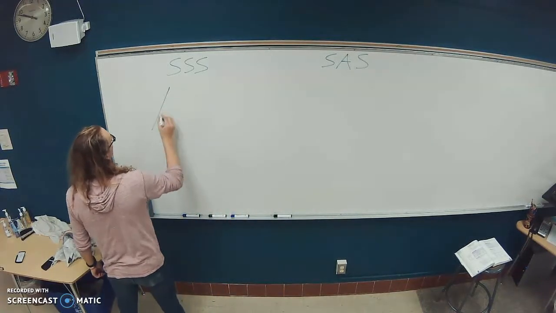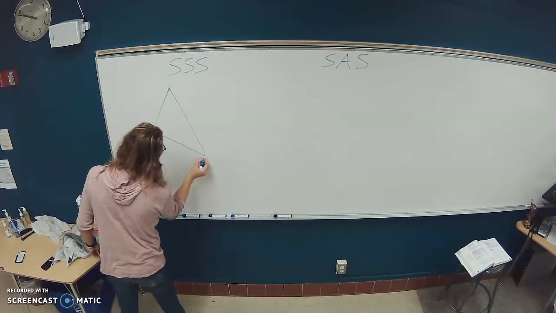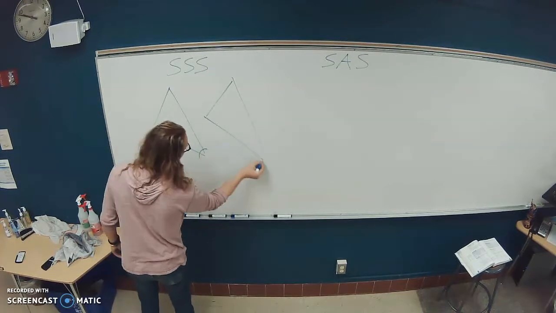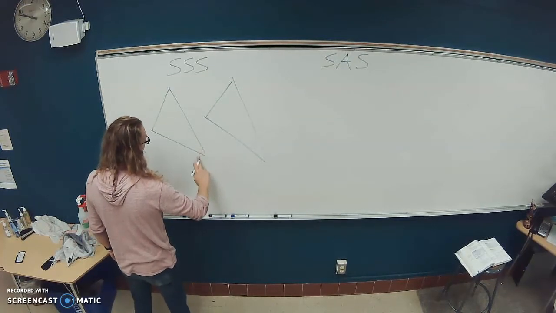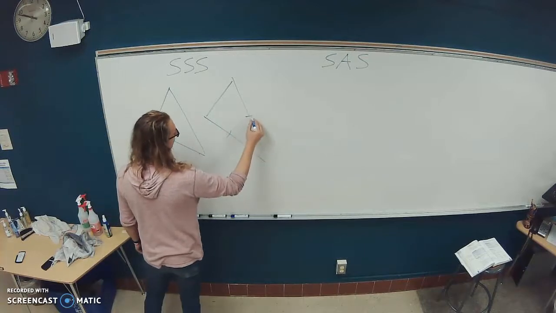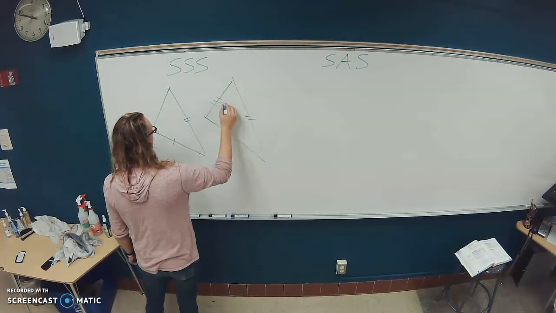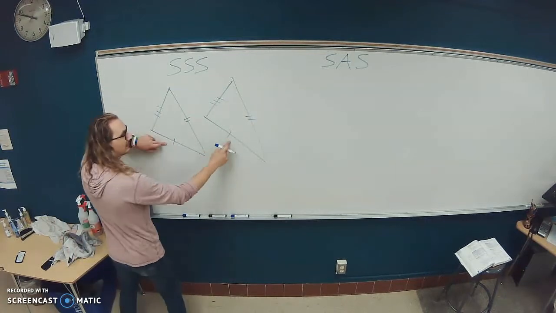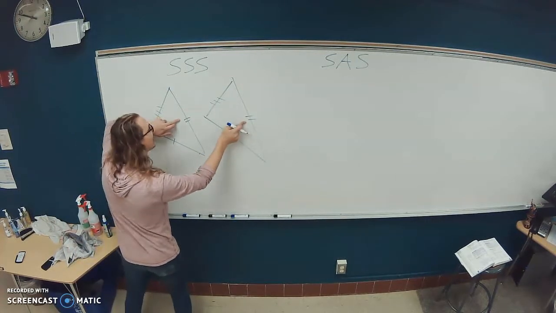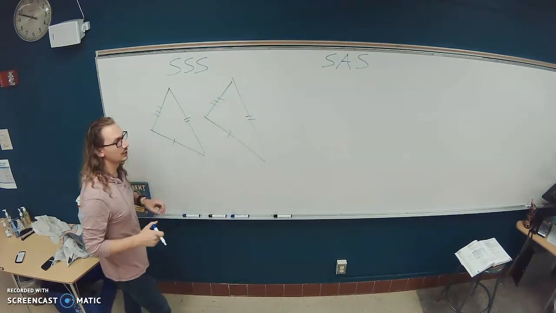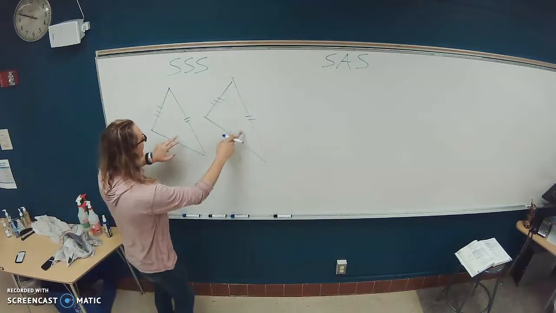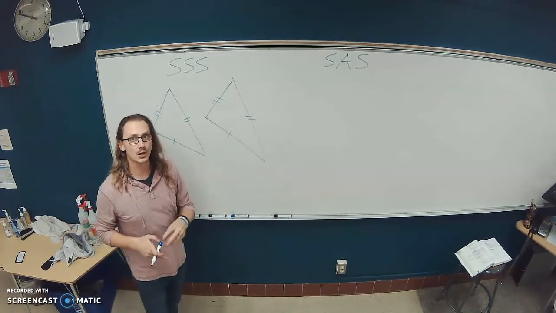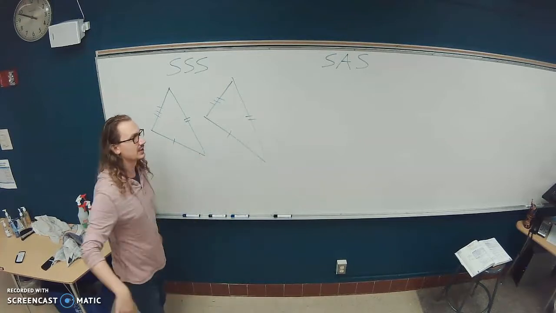So if I have a triangle and a second triangle, and I know that I have a congruent side, another pair of congruent sides, and a third pair of congruent sides, I have side, side, side, and I can guarantee that those two triangles are congruent. And I don't need to look at the angles at all.